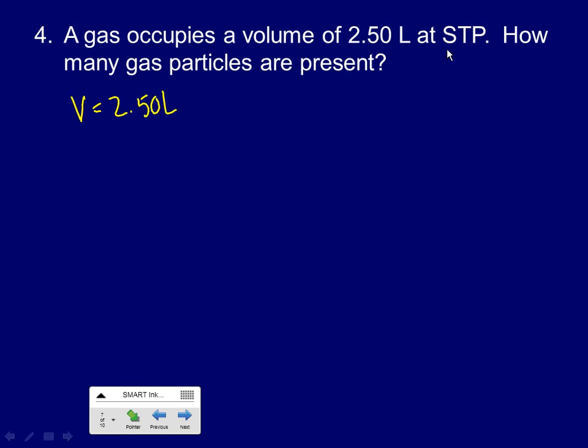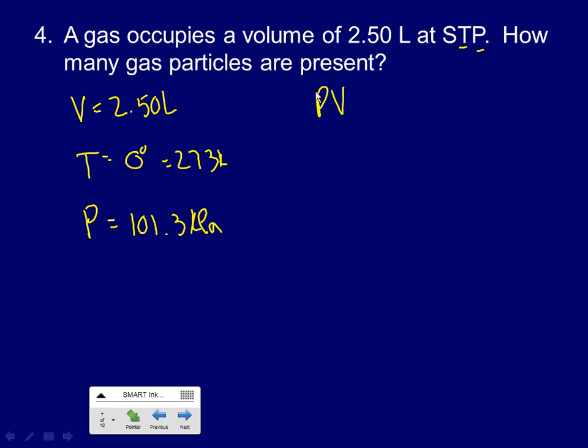Now, STP, those 3 letters, is a temperature and a pressure. Yep. Yep, 273 Kelvin. Kilopascals. Excellent. Standard ambient temperature and pressure, SATP, was that room temperature and pressure for a laboratory, 25 and 100, right?